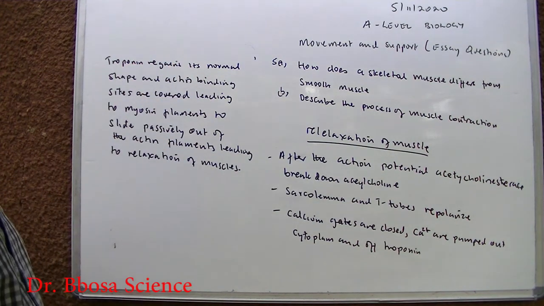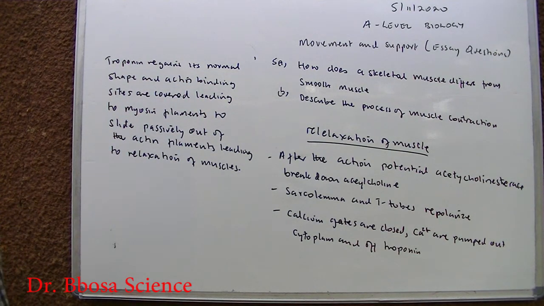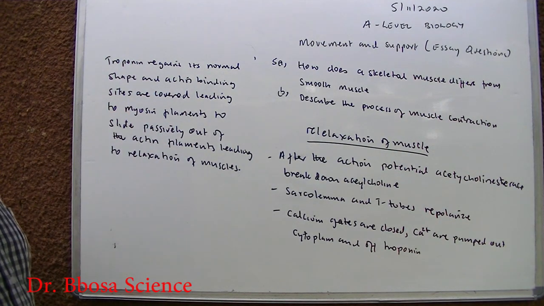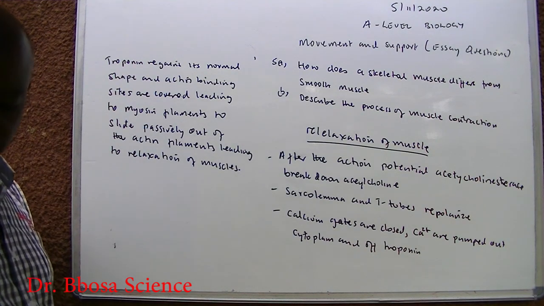Troponin regains its normal shape and actin binding sites are covered, leading to myosin filaments to slide passively out of the actin filaments, leading to relaxation of muscles.